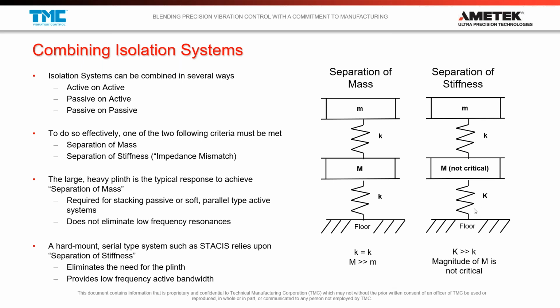And you've got a spring of much higher stiffness, which is what you'd see in a serial type active piezo-based system. And what's in between them doesn't really matter, because these two springs are so dissimilar in resonant frequency, they're not likely to start to interact with each other.